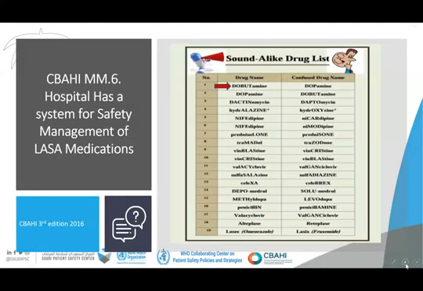Let us talk about look-alike, sound-alike. One of the examples highlighted here is dobutamine and dopamine. This is actually a high-risk plus sound-alike medication. So when you are pronouncing or writing it, especially if you are using handwriting, it is easy to mistake between dobutamine and dopamine.